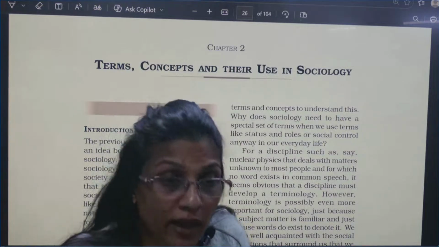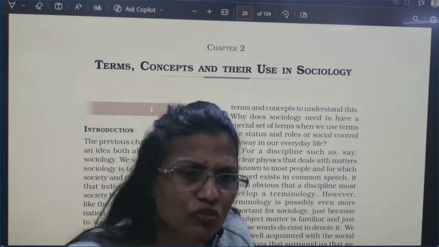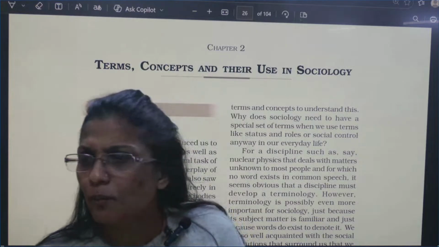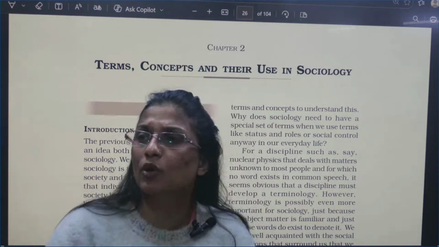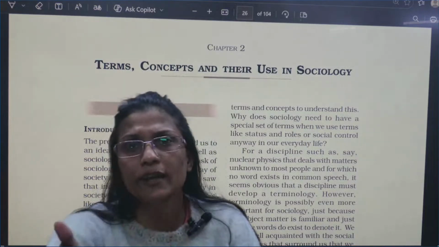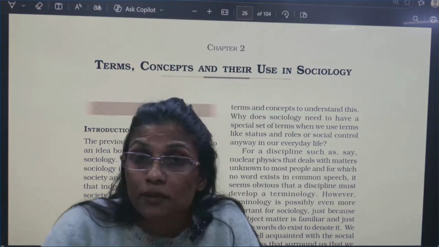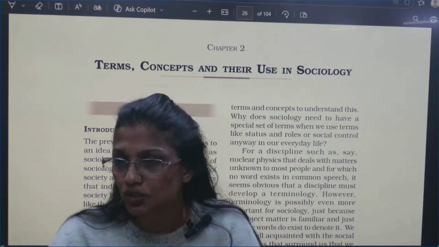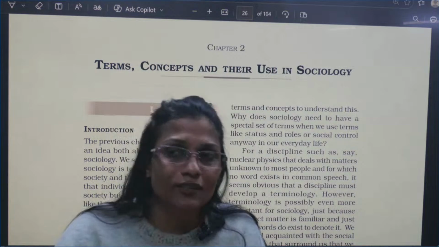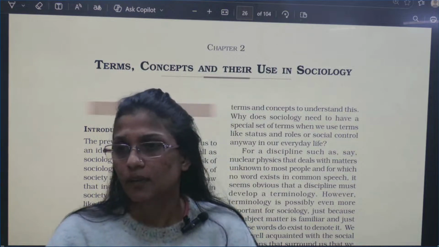For example, if I have to tell how marriage is breaking, it's a very day-to-day conversation. If I'm talking about religion, you people already have an understanding of this part. But this is very common sense. It's very commonsensical knowledge.